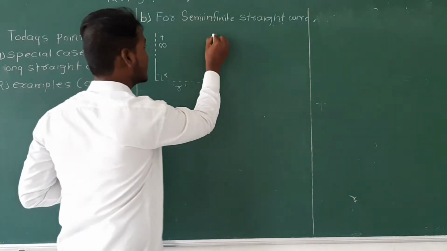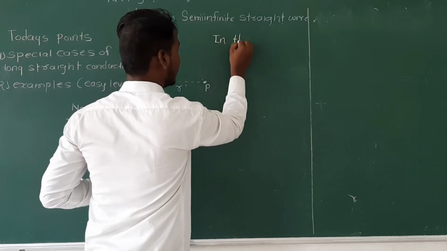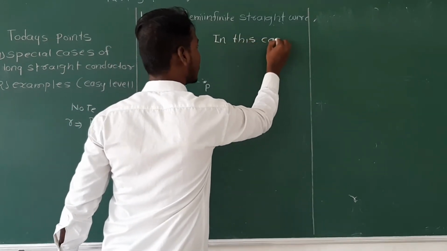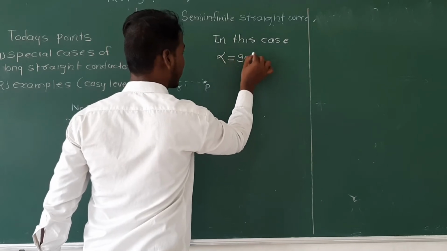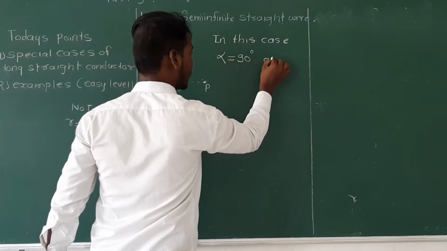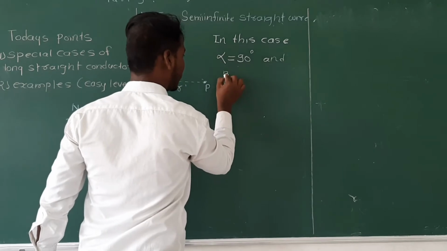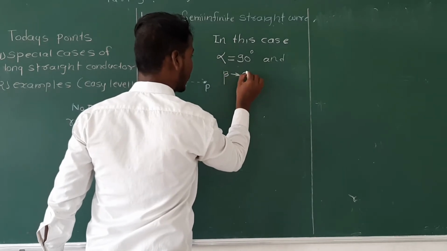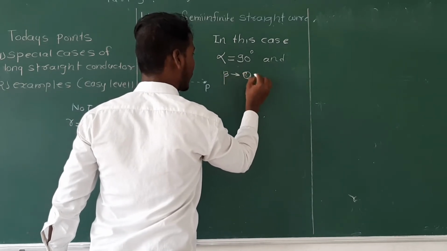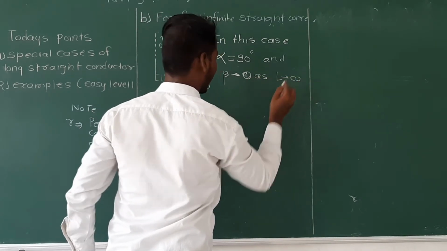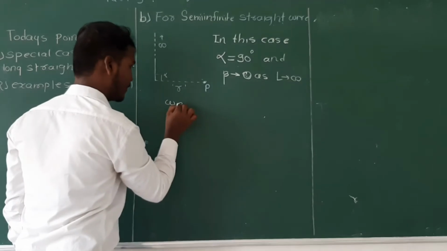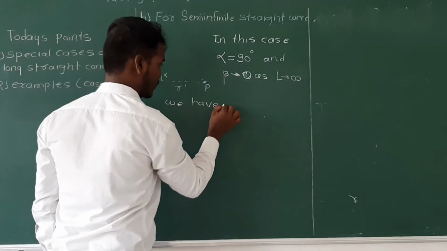So in this case, alpha is equal to 90 degree and beta tends to 0 degree as length tends to infinity.